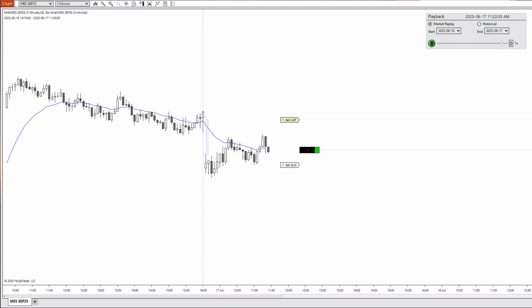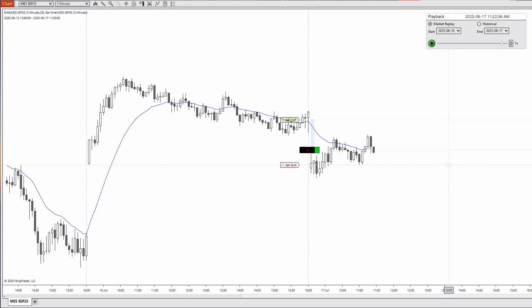Close the position and sell the market. Or why not let me put my stop loss 1 tick below it, and as soon as it hits, I'll sell the market. Stop. Order filled. Okay, we're short again.